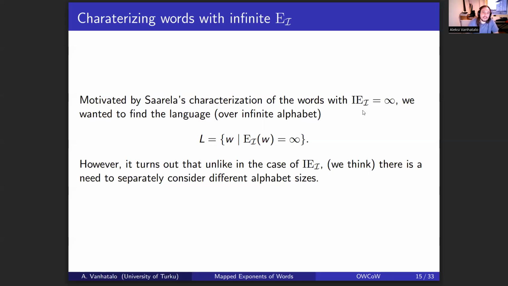But in this fractional exponent case, at least the binary case is much easier than the general alphabet case. It might be that the trinary alphabet is as difficult as all the rest, but the binary one is much easier. So we consider the binary case more closely in this talk.